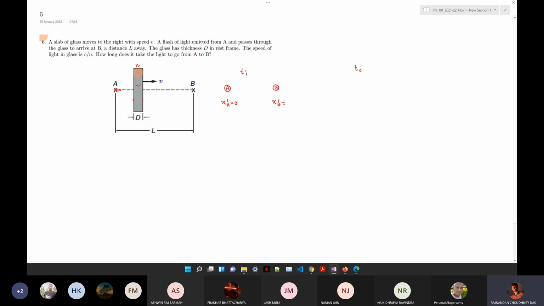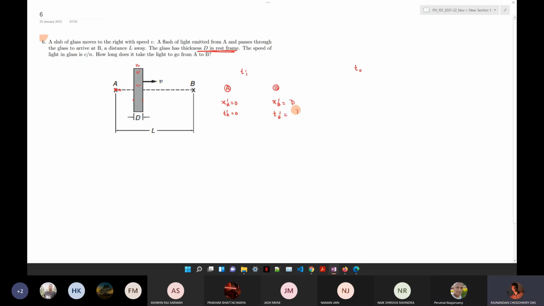From this S' frame, we will see that this distance will be d0, because it is also given that this is the rest frame. So this laser beam will cover this distance. Suppose initially time t equals 0. Now how much time will it take to cross this?